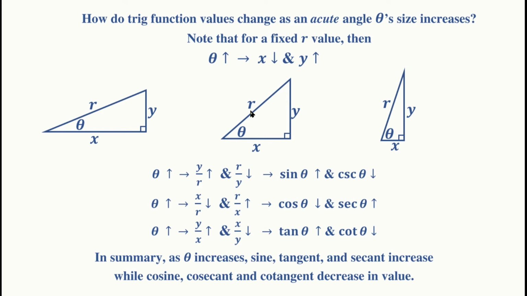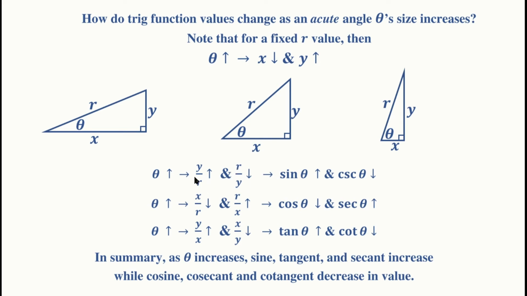And r, of course, remains the same. So as the value of theta increases, what happens to the sine of the angle theta, which is y over r, right? Notice because the y value is increasing and the r is not changing, the actual fraction is going to increase, right?